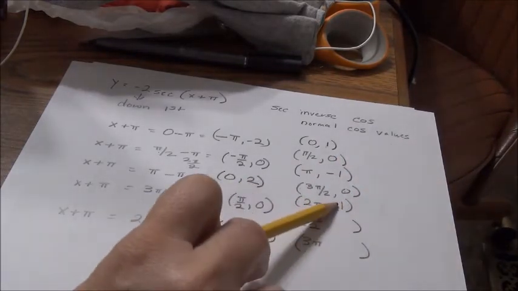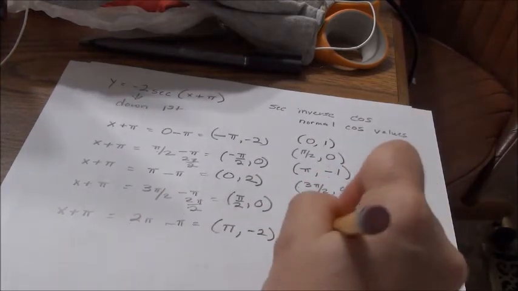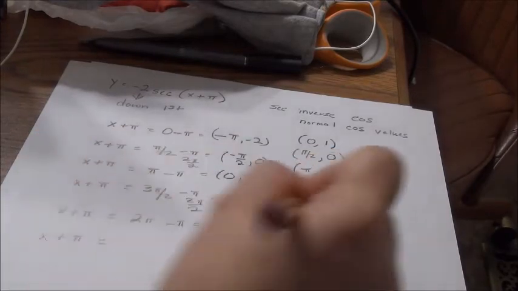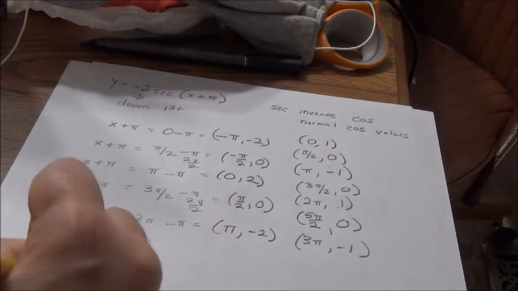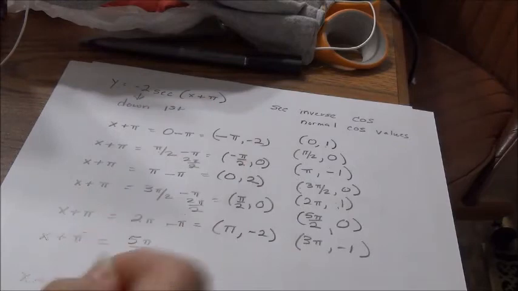And here, if I continue, this was at 1, so this would be 0, and then this would be -1. So now I'm going to continue. X plus pi is going to equal my 5 pi over 2, and my x plus pi also is going to equal my 3 pi, and so I can just continue my ordered pairs.